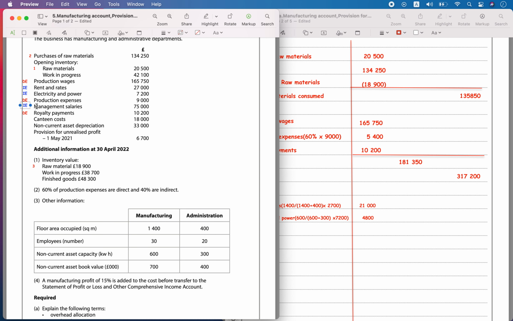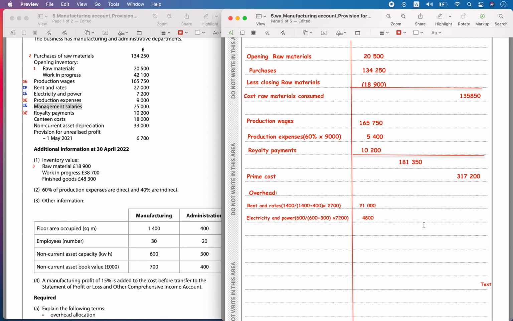So 30 out of 30 plus 20, and the total management salary cost you have to multiply with 75,000.